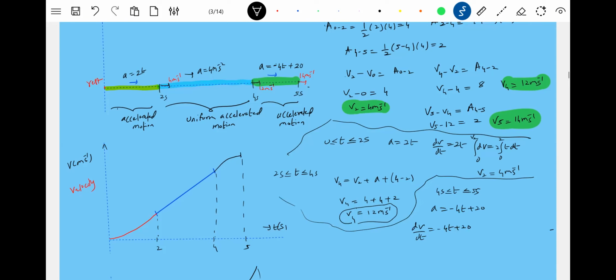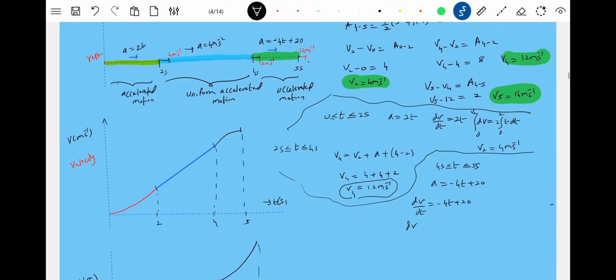Now we'll solve this. dv is equal to, you can solve mathematically if you are very good in calculus, or else you can take help of the graph. What was the limit? It was 4, velocity is v4. Then at t equal to 5 seconds, calculate the velocity v5. Solve it, you'll end up with 14 meters per second.